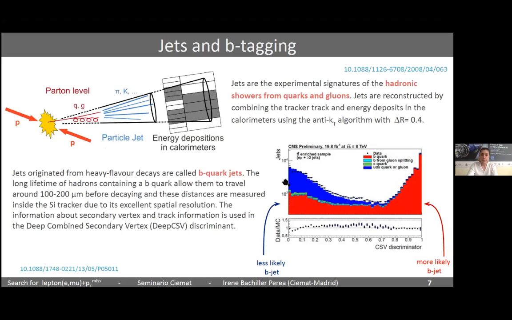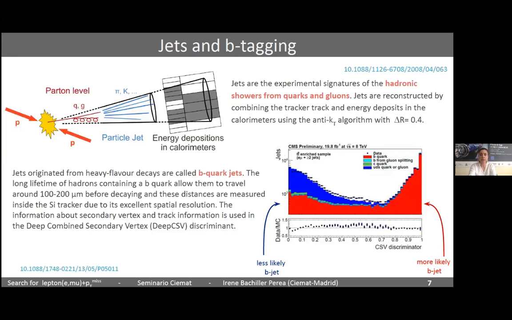These B quarks allow the hadrons to have a longer lifetime, and therefore they travel a bit longer in the detector. Using this information and other information from the B quark jets, we can define a discriminator.